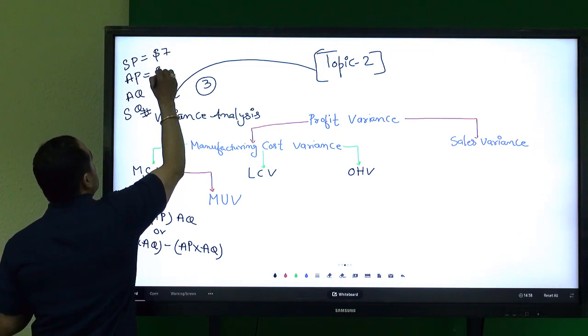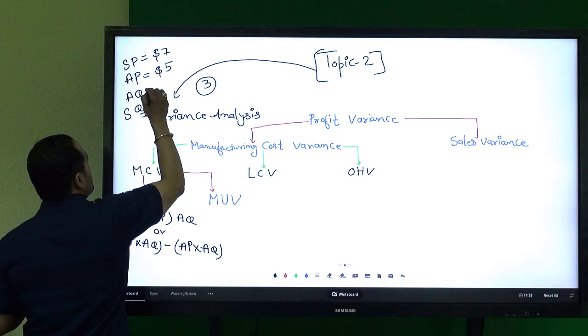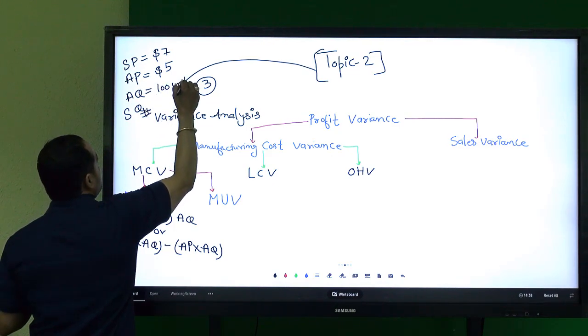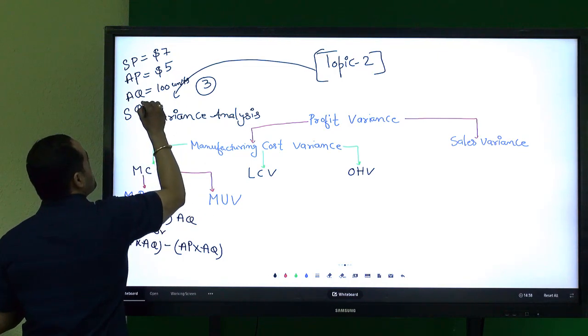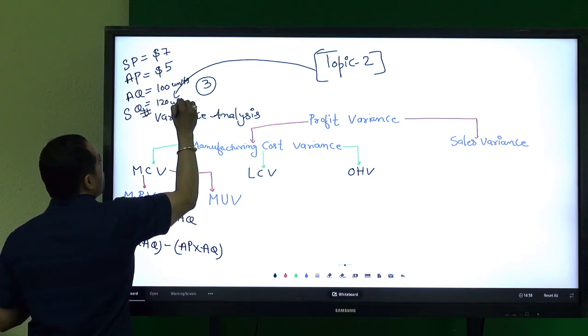Actual price is $5. Actual quantity is 100 units. And standard quantity is 120 units.